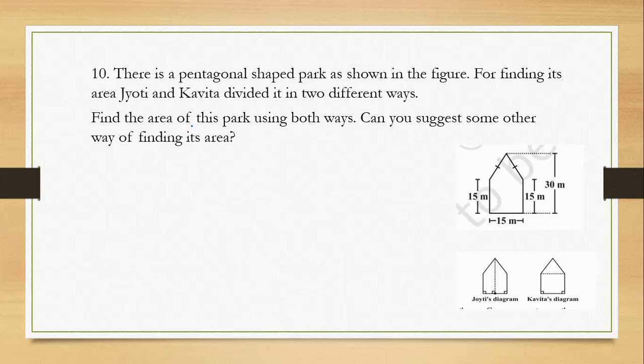I already told you about splitting polygons in different ways, so here also I will explain how to split. They say that Jyoti split this diagram into two trapeziums and Kavita split it into one square and one triangle. Okay, first we discuss Jyoti's diagram.